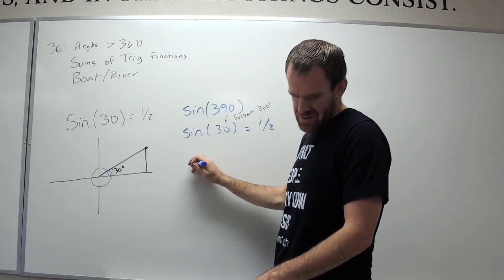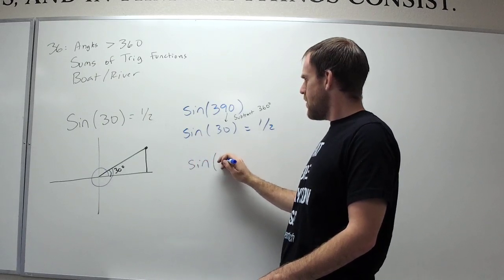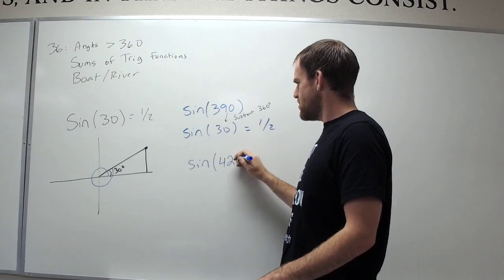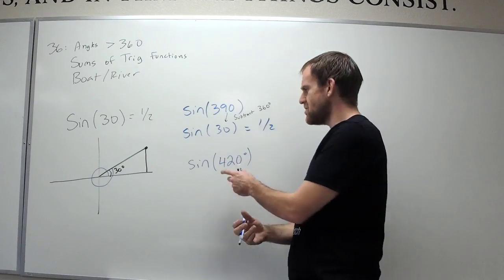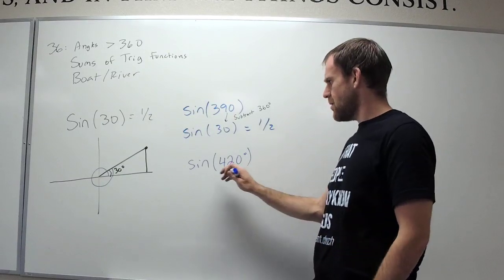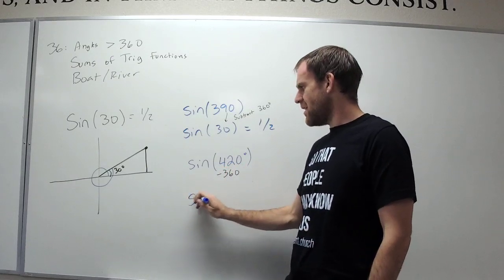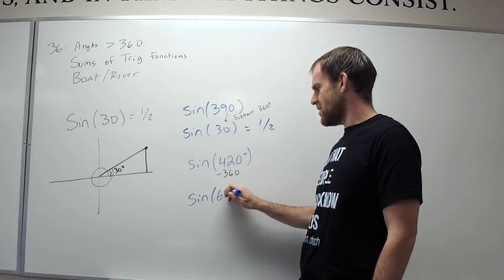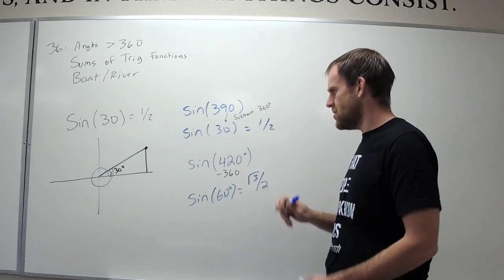What would sine of 420 degrees equal? Well, our first step is to subtract 360, since this is over 360, from our angle. And we have sine of 60 degrees. What's sine of 60? It's square root of 3 over 2.